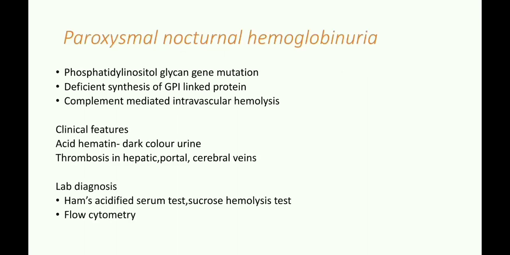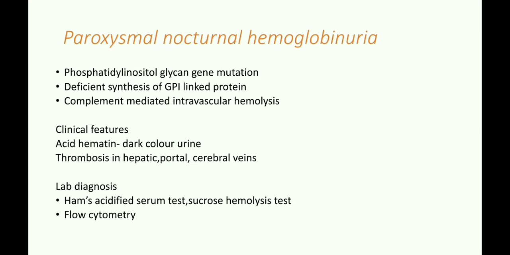At last we are going to discuss paroxysmal nocturnal hemoglobinuria. This is an intracorpuscular defect. That means the defect is present within the RBC. We have seen that most cases of intracorpuscular defect are acquired.